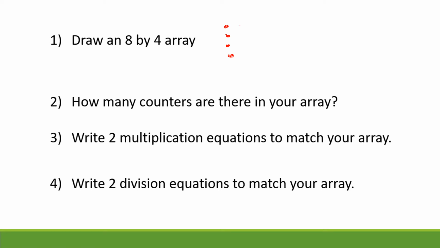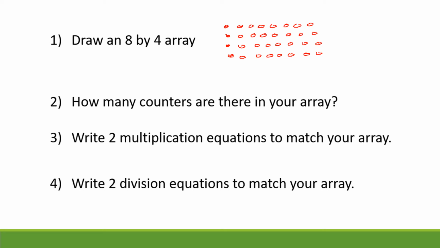So we've got 1, 2, 3, 4, 5, 6, 7, 8 in each row.